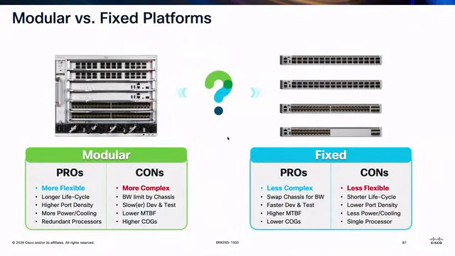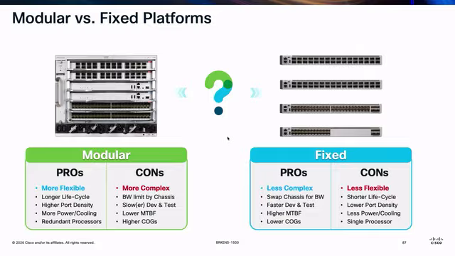So now, the big dispute is, okay, I want to only have devices in my network which are like pizza boxes, right? I'm going to insert it, something happens, I'm ripping, replacing. I don't want to deal with the complexity of modular chassis, which is fair. However, I believe that in a perfect world, a very resilient architecture uses the advantages of both.